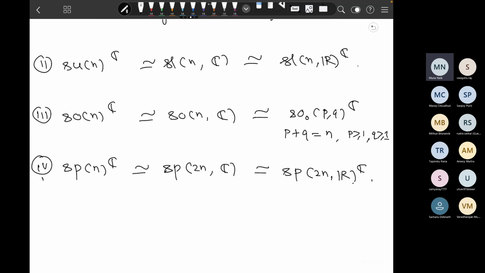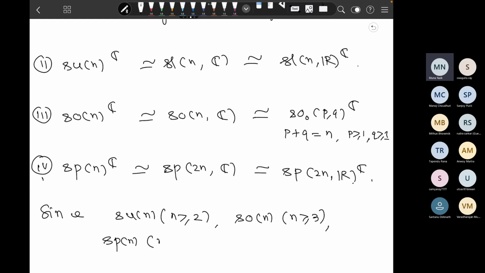If you look at this, since SU(N), you have to take N greater than or equal to 2, and SO(N), you have to take N greater than or equal to 3, because SO(2) is always an abelian Lie algebra. So SO(N) and this Sp(N), with N greater than or equal to 1, are semi-simple.